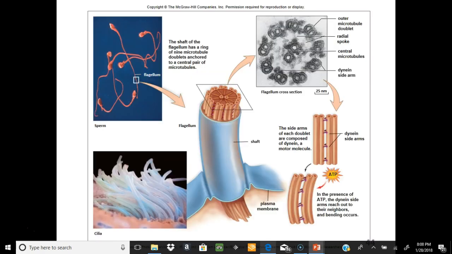Cilia, here's cilia. They're like hair-like or finger-like structures, and they will either move materials along the cell surface, or they'll move the entire cell. A lot of times ciliated cells tend to move materials towards the mouth opening or towards the opening of a lumen.